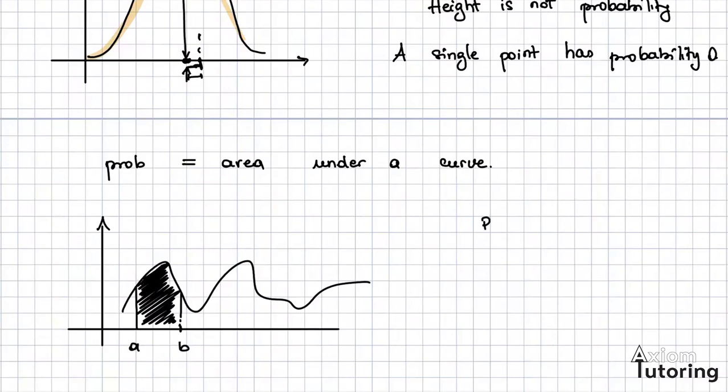Normally, we will write it as the probability of observing a particular value x of your variable X that is greater than a and smaller than b.